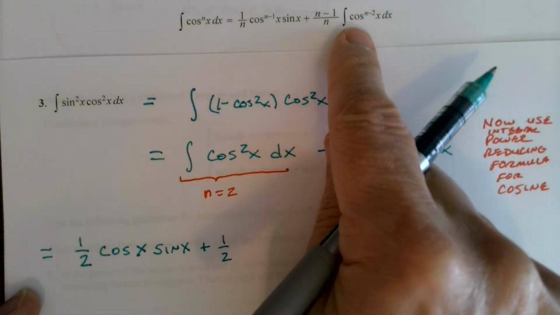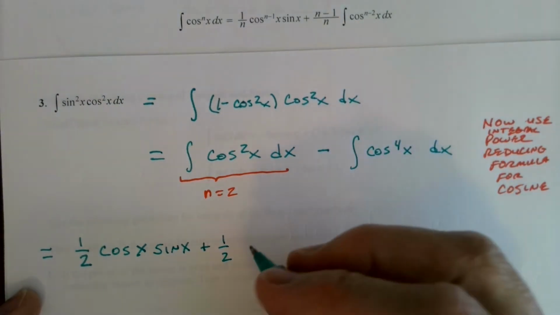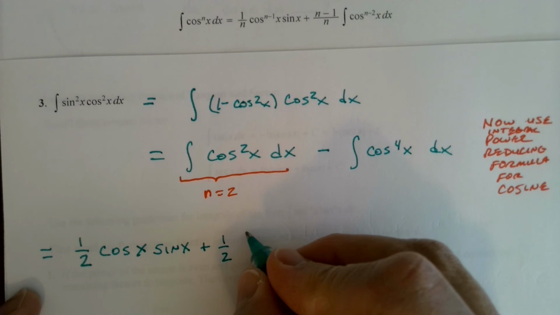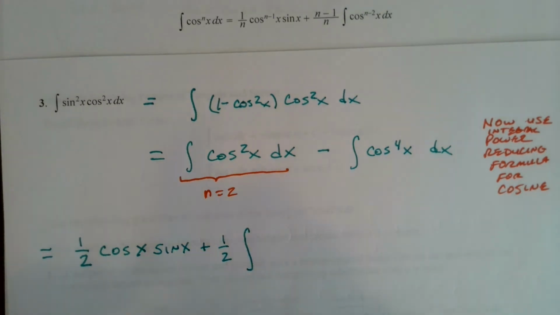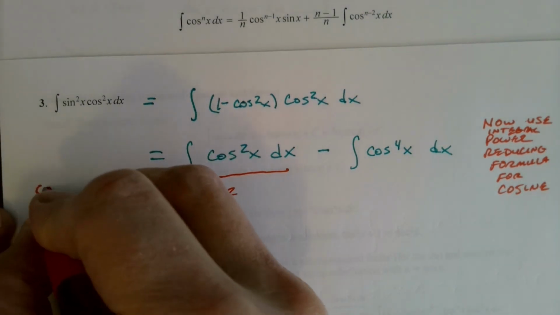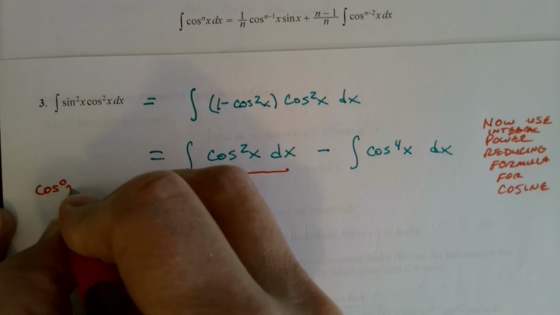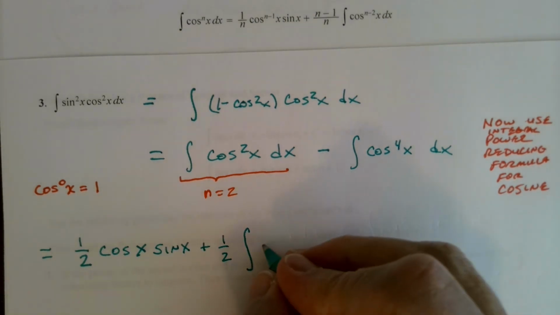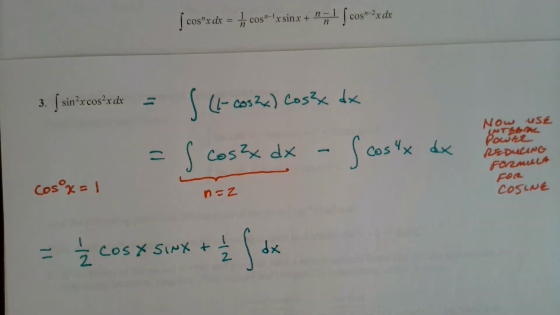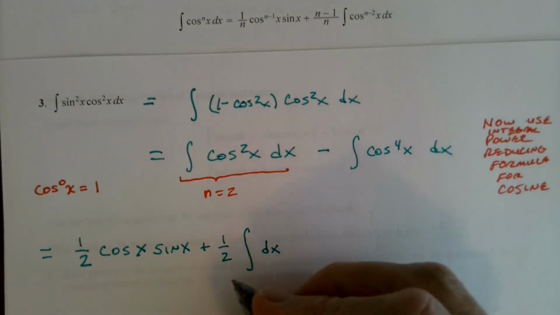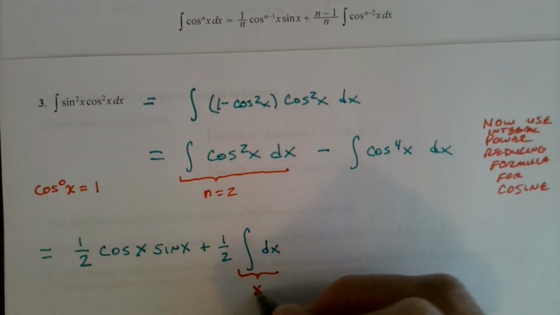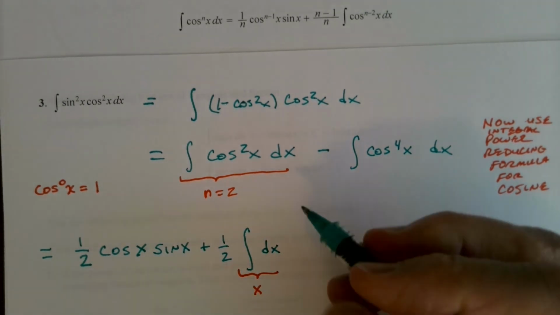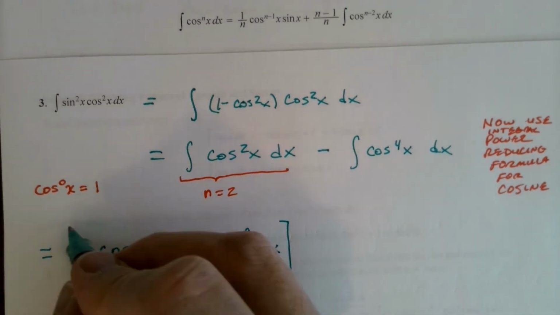And then cosine, what? n is 2, 2 minus 2 is 0. What's cosine to the 0 power, by the way? Answer, 1. We interpret that to be 1. So it's just 1 dx, right? And what's the antiderivative of 1? That's just going to be x. So that's our first integral.